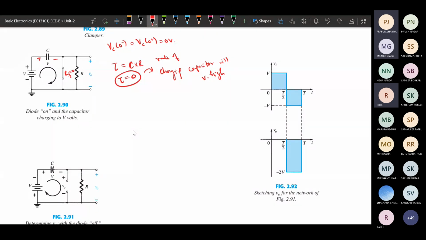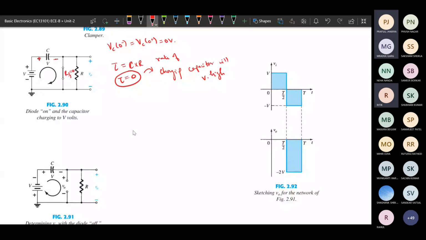In this case, the diode will be off. When the diode is off, the output voltage will be the voltage of the capacitor along with the input voltage. So the input voltage will be added to the capacitor voltage.